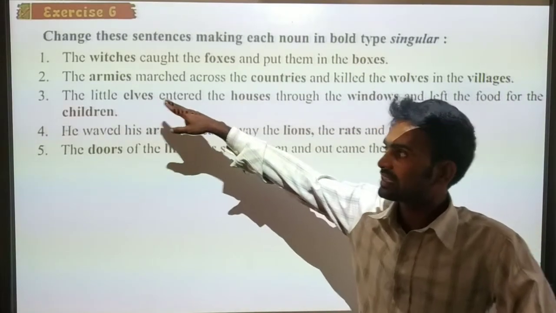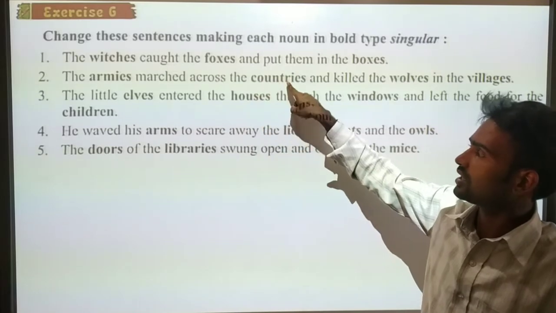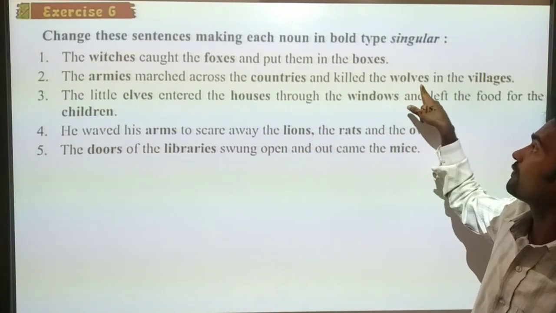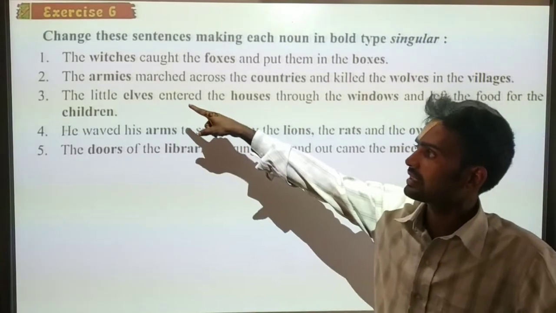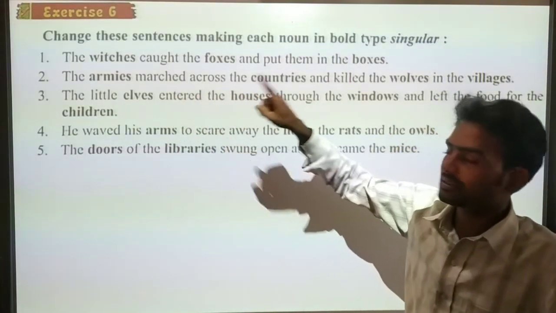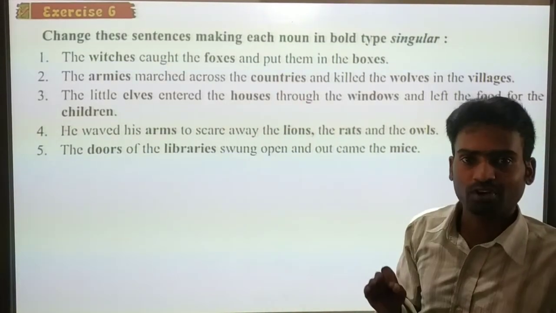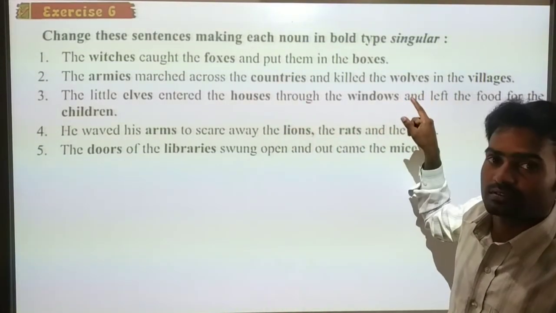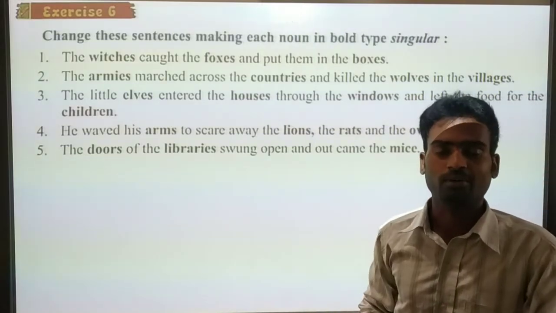Okay? In the next sentence it is given, the armies marched across the countries and they killed the wolves in the villages. So here in the second sentence, armies, countries, wolves and villages are all given in the plural form.